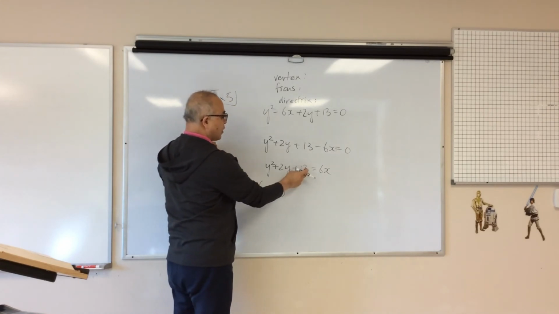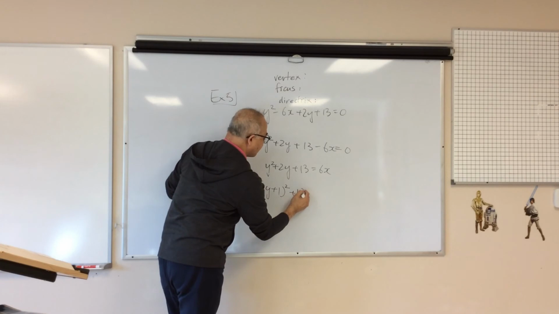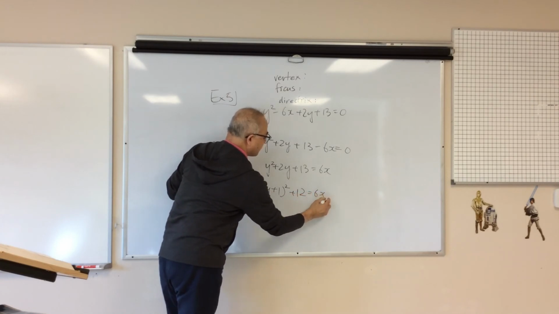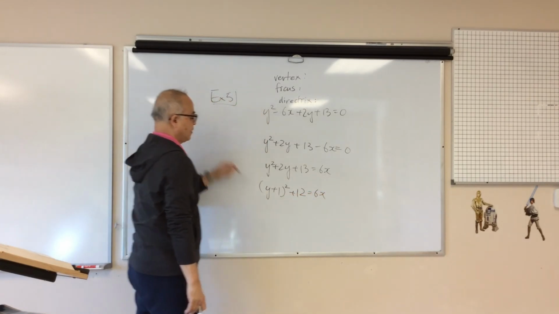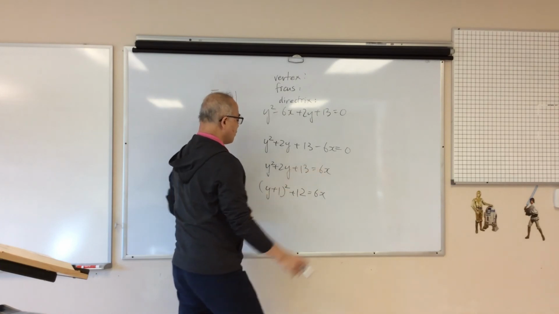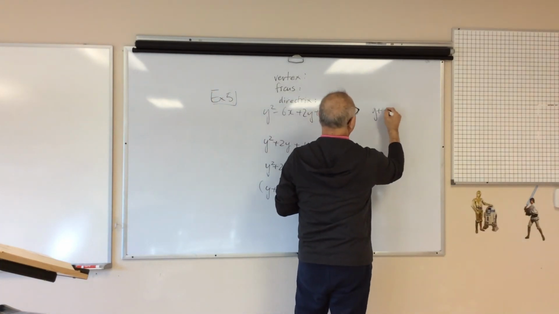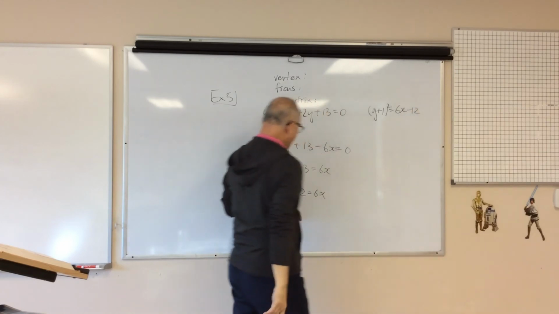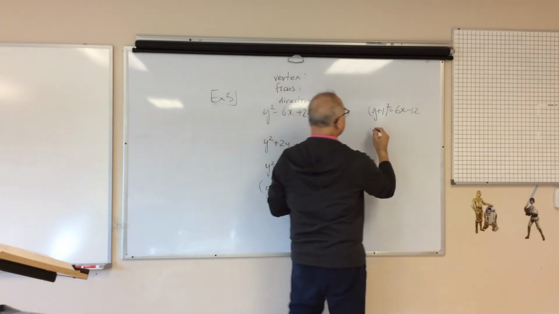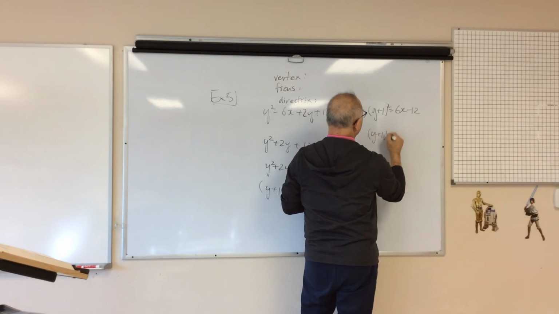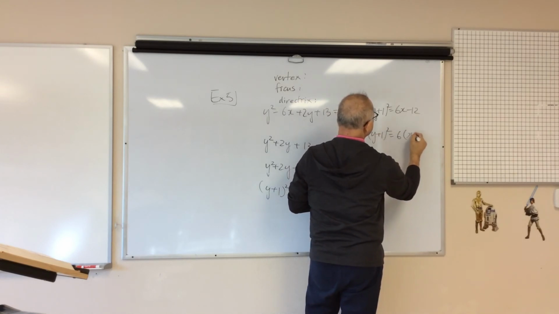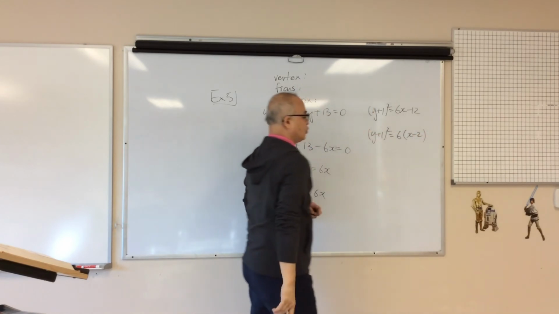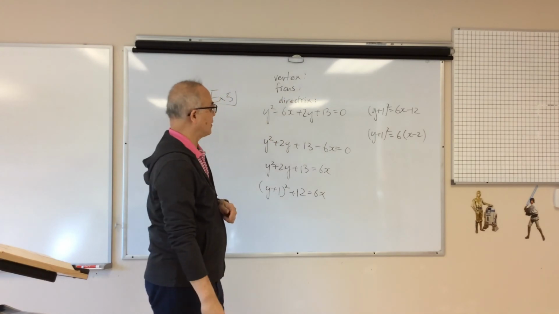So I used 1 of the 13, so I'm going to have 12 left. Right? So now I'm going to move the 12 over. I get y plus 1 squared equals 6x minus 12. If I move the 12 over here, y plus 1 squared is equal to 6x minus 2. Okay?